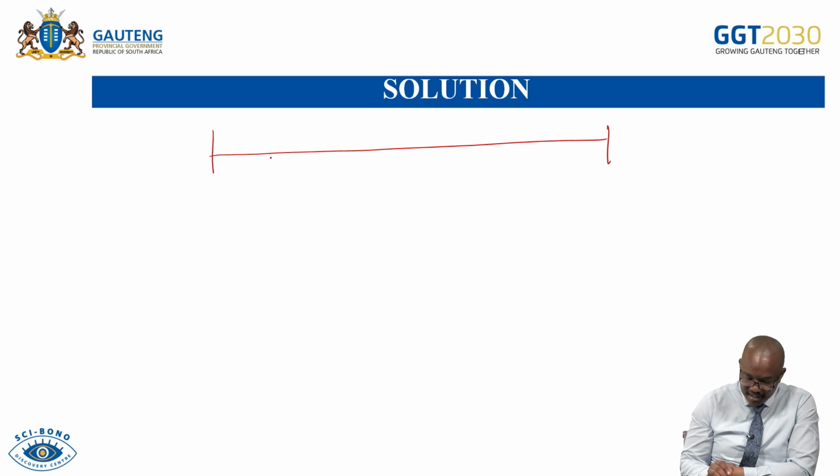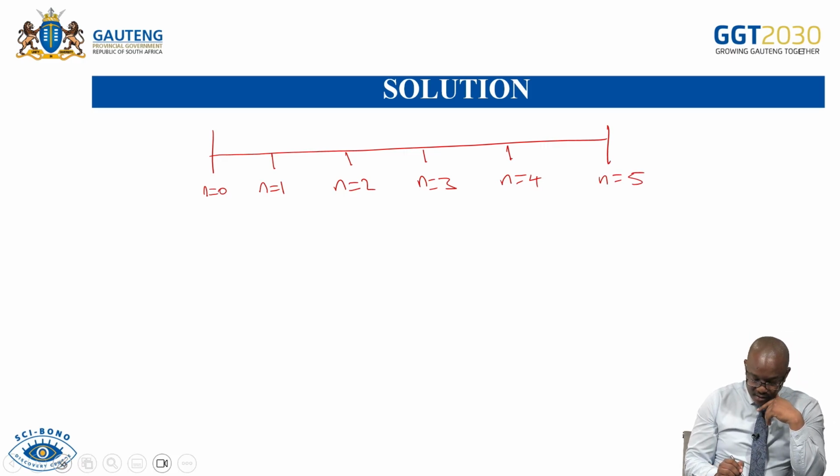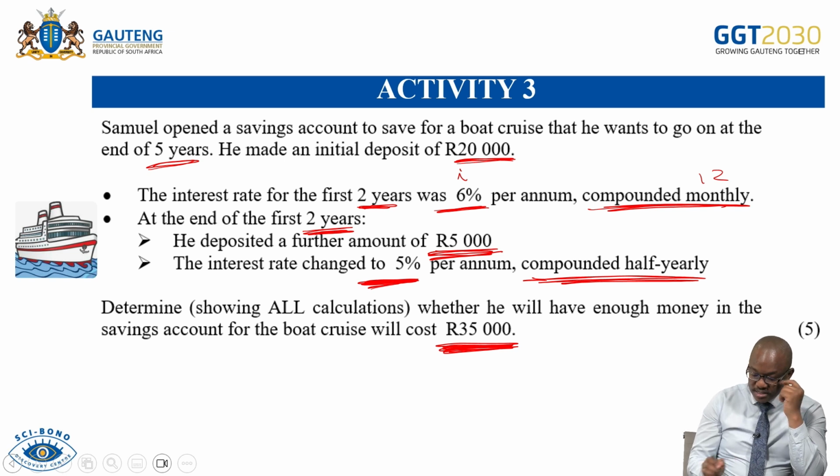We still have 5 years. Year 1, year 2, year 3, year 4, and year 5. So we're going to do it that way. Correct. Then we start with our deposit now. Remember, at the first initial deposit, it was 20,000.